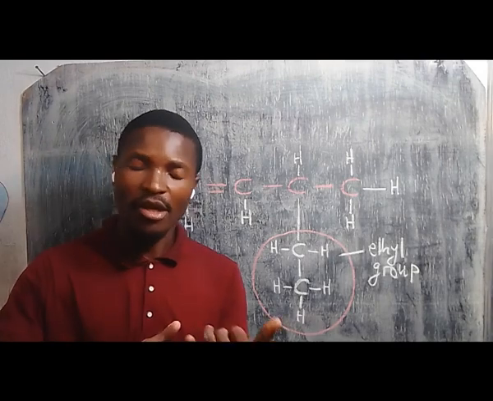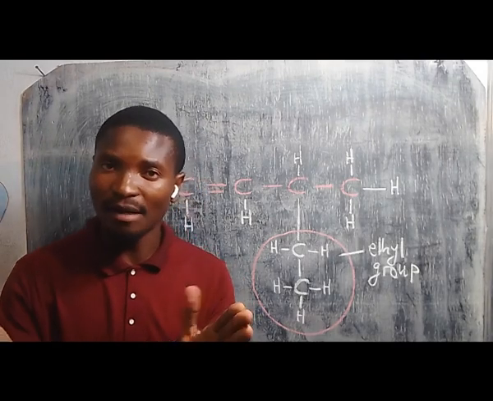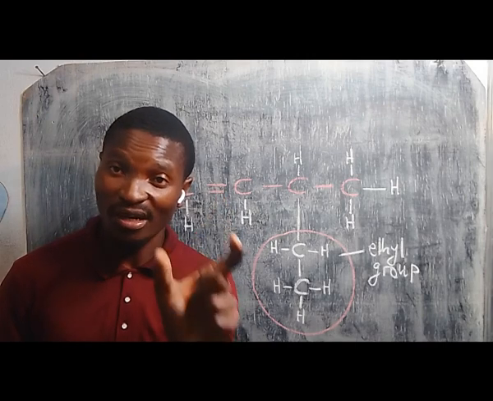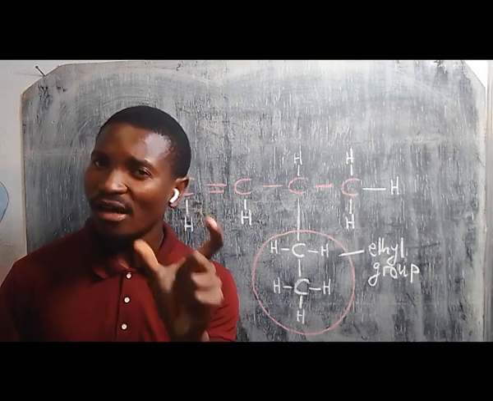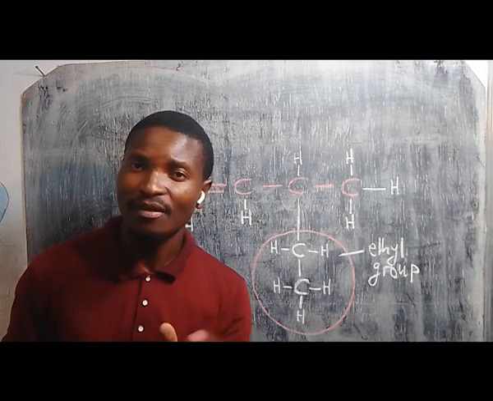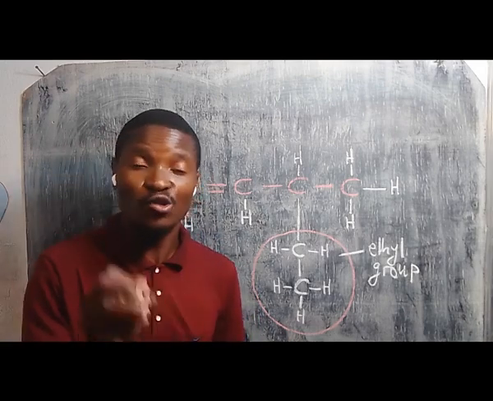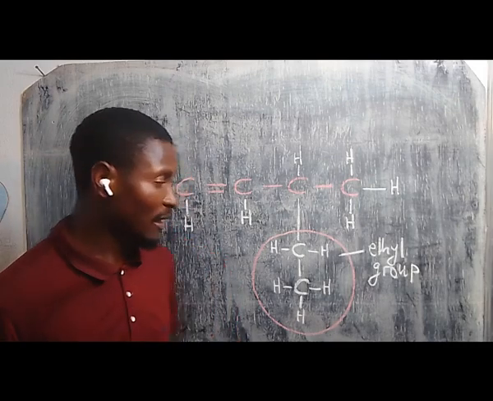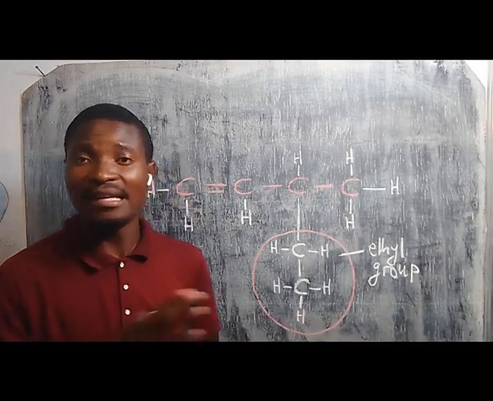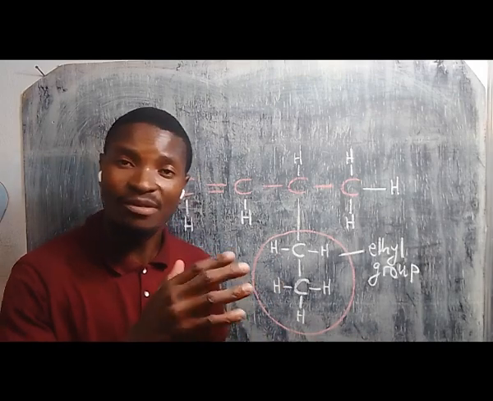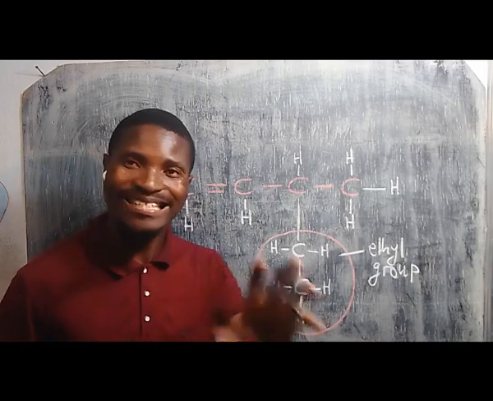You have to identify where the double bond is located, and then also identify if there is any substituent group, like the ethyl group, methyl group, propyl group, butyl group, and the pentyl group.